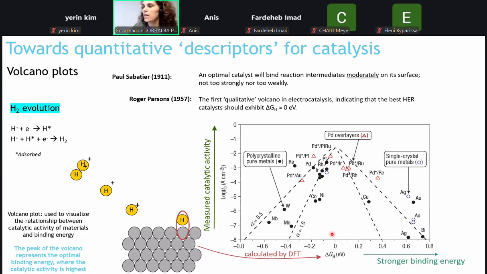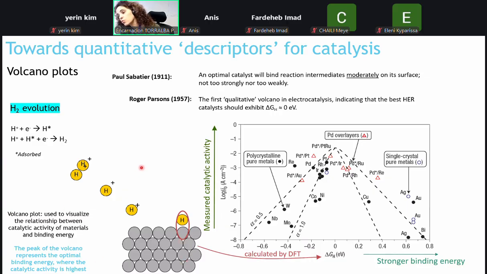In this case, volcano plots are quite useful and quite used in electrocatalysis. So the traditional volcano plot normally represents a given property, the catalytic activity, the exchange current, with respect to the binding energy.